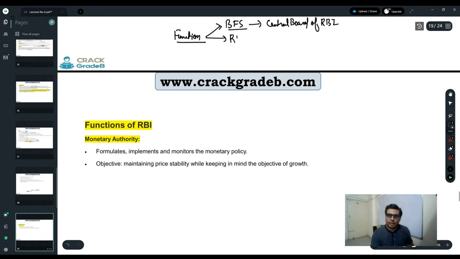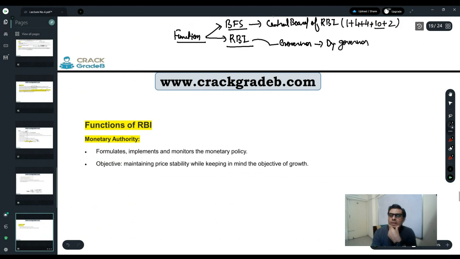Whereas the rest of the functions are directly RBI, and RBI means the governor and deputy governors. Whereas the central board, I told you, has one governor, four deputy governors, four local directors, plus 10 plus 2.